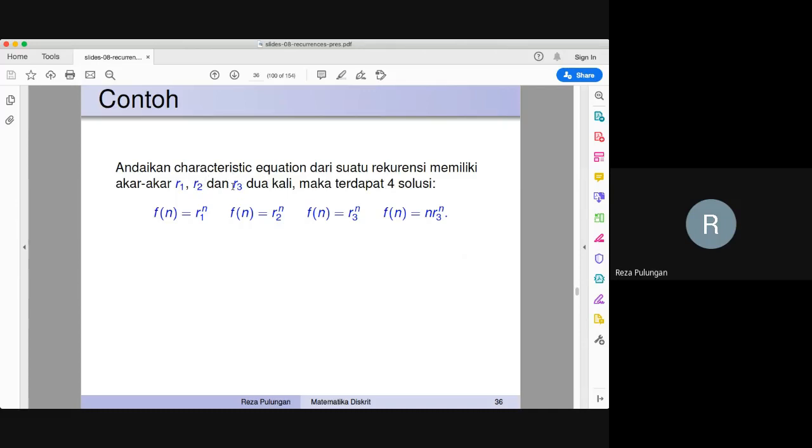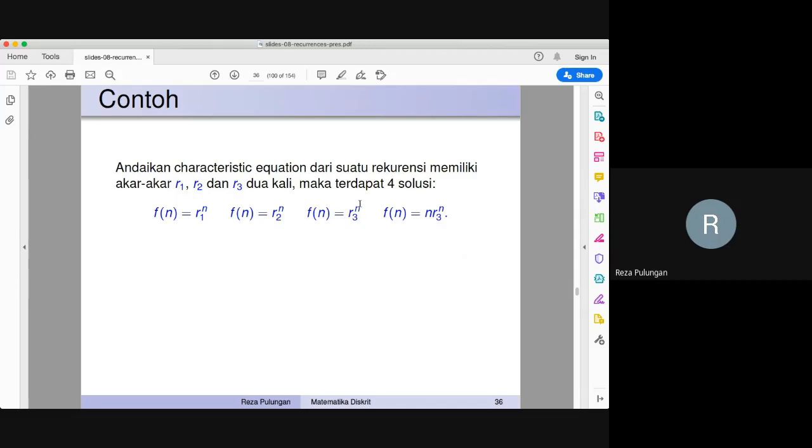And the fourth root is also r3. So r3 occurs twice. That means the solution will be r1 to the power of n, because it only occurs once, it's enough. r2 also occurs once, it's enough, r2 to the power of n. The third one will be r3 to the power of n.